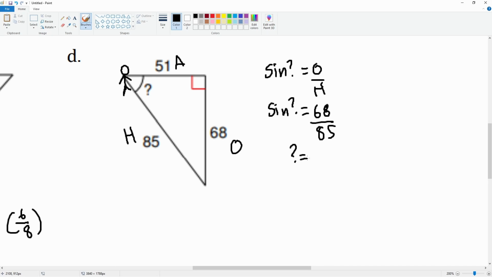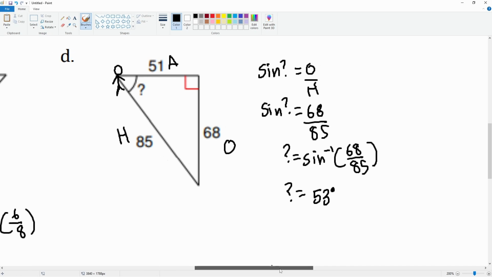So the question mark is equal to sine inverse of 68 over 85. We can now plug this into the calculator. Sine inverse of 68 divided by 85, this gets you 53 degrees.